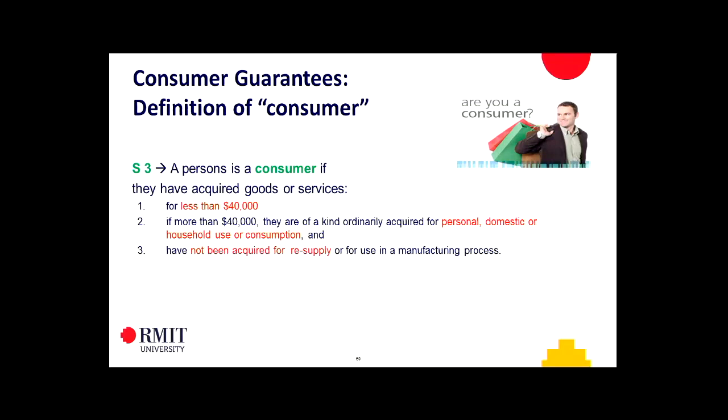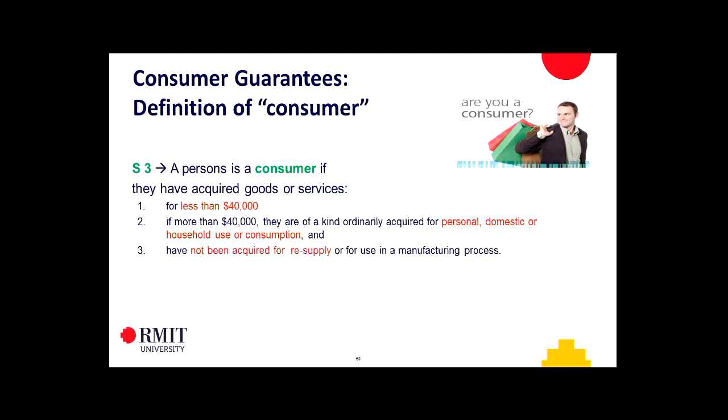Some shoes might be above 40 grand, I'm not sure. But it doesn't matter if they're above 40,000 if they are a kind ordinarily acquired for personal, domestic or household use. So you've got a two-step test to start with. Is it under 40,000? And if not, is it a product that's ordinarily acquired for personal, domestic or household consumption?